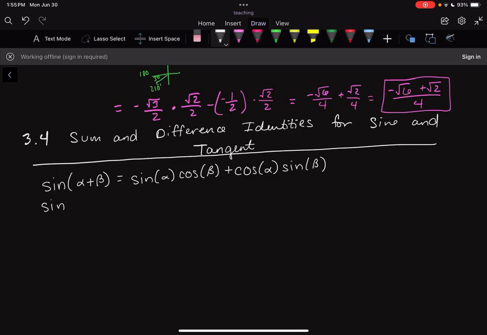If we want to subtract two angles, all it does is change that middle sign into a subtraction. So those are the sum and difference identities for sine. I'll give you the tangent ones a little bit later.